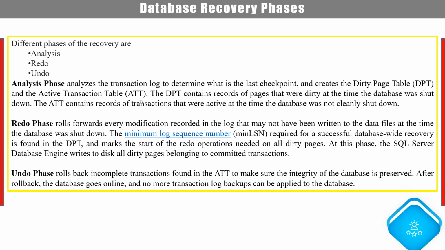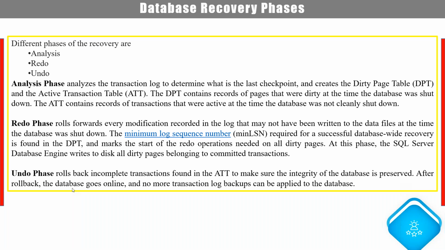If something happens in your database, suddenly your server is corrupted or your database is shut down or made offline, analysis will build the DPT and ATT tables. The dirty page table captures how many dirty pages are available in the buffer. The active transaction table holds the transactions not yet moved to the mdf. That is the analysis phase.